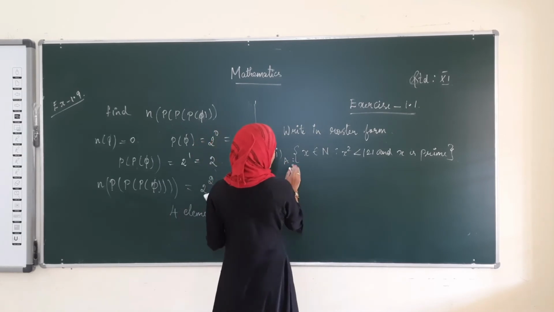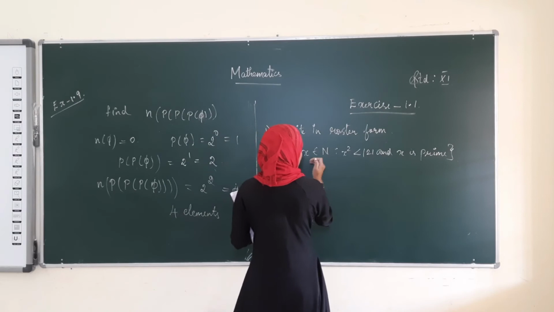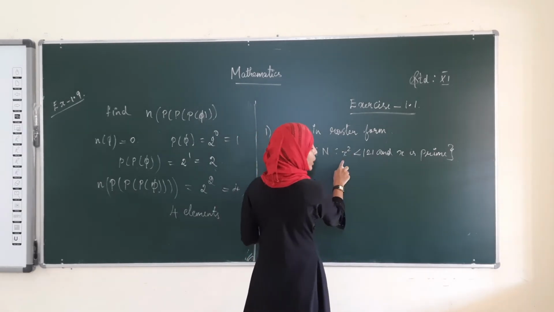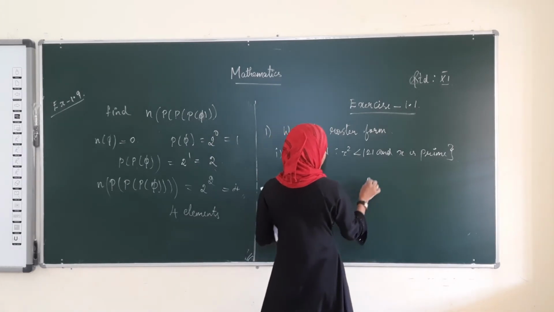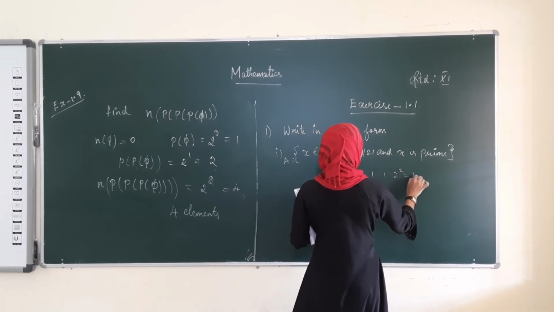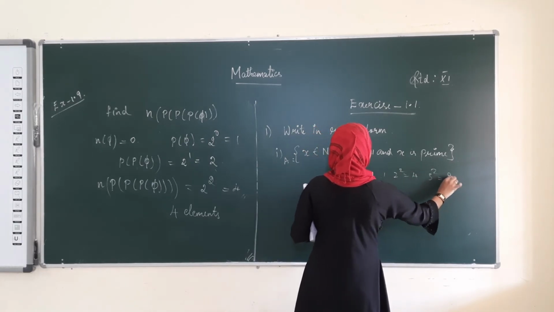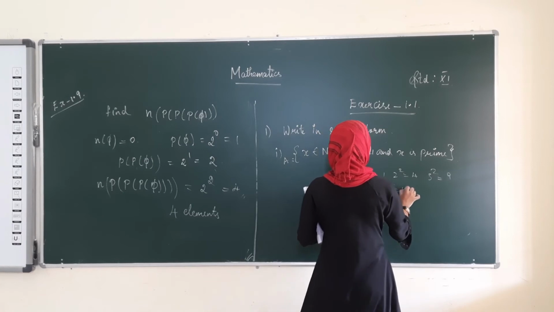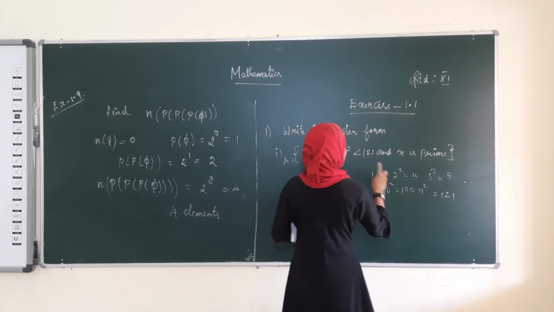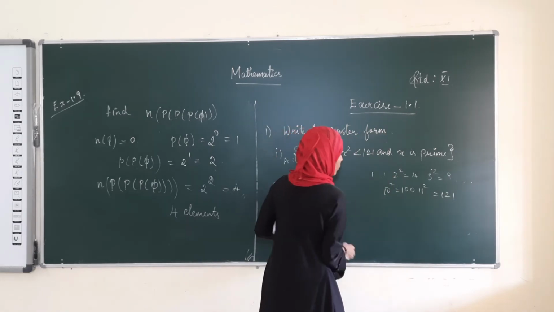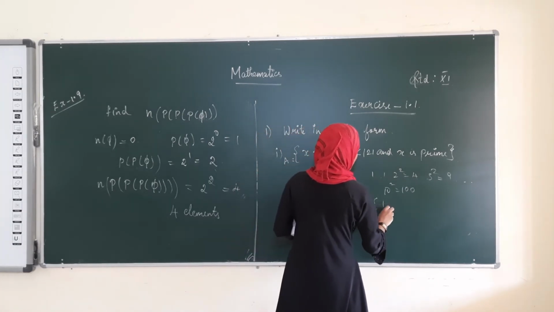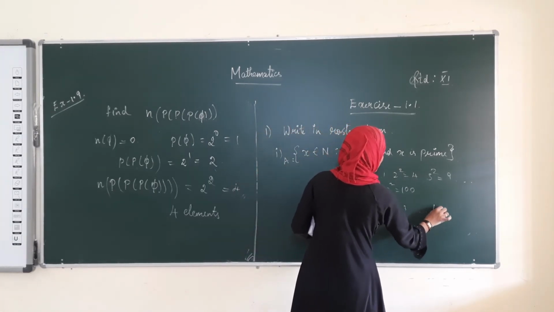See here, A should contain only x in which the condition is that x square should not be greater than 121, that is, x square should be less than 121. We know 1 square is 1, 2 square is 4, 3 square is 9, likewise 10 square is 100, and 11 square is 121, but they have given x square should be less than 121. Therefore, the elements will be 1, 2, 3, etc. up to 10.